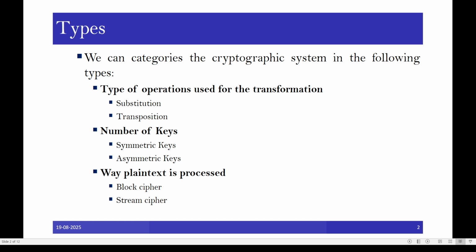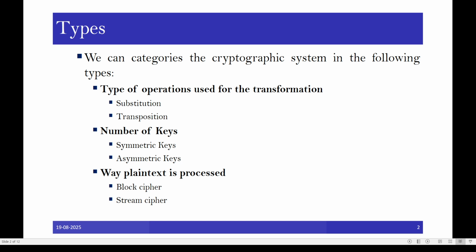These are known as operations. We can have two types of operations that are used for transforming a plain text to a ciphertext and a ciphertext back to a plain text. One is known as substitution, and one is called transposition. We will see the definition as well as the examples in the upcoming slides.